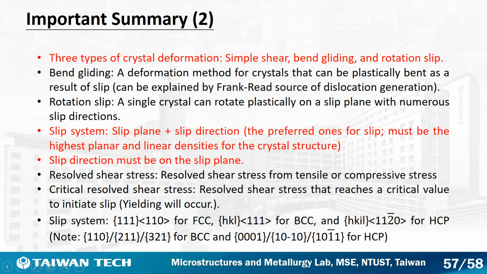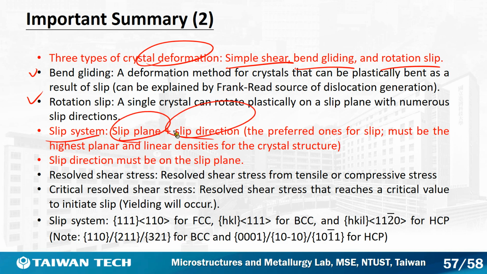Okay, and then we have three types of crystal deformation: simple shear, band gliding, and rotation slip. You can check the band gliding and rotation slip here. And for the slip system, we have slip planes and slip directions.